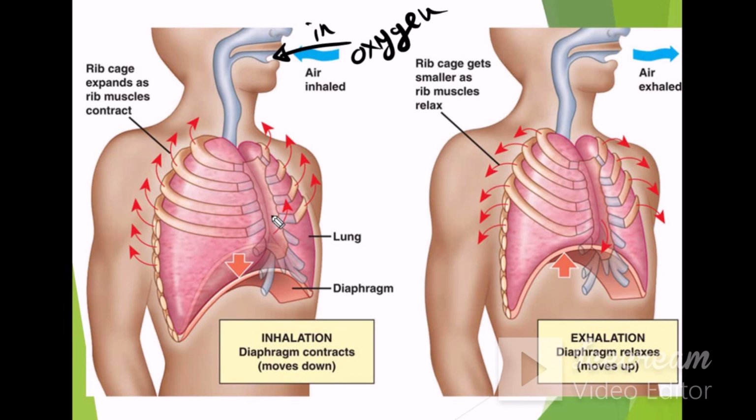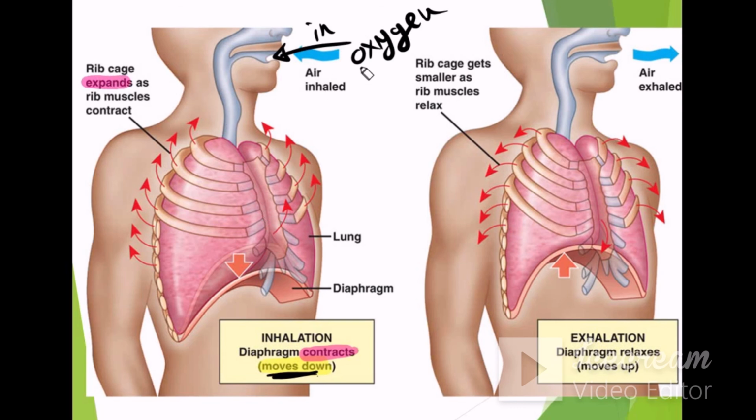When you breathe in, this diaphragm moves down and also contracts, and this process is called inhalation, or inhale. Inhale means to take the oxygen in, and when you inhale, your rib cage and your lungs expand.